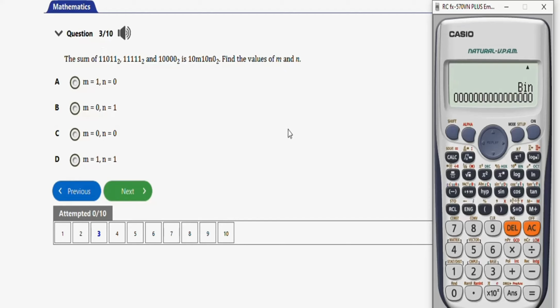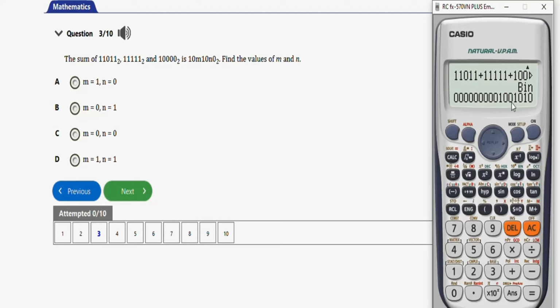To add what we have there, this will be 11011, plus, you have to make sure that it's in base 2, binary. We have 11111, plus we have 1, so this is what we have here. Press equal to see our m and n respectively.